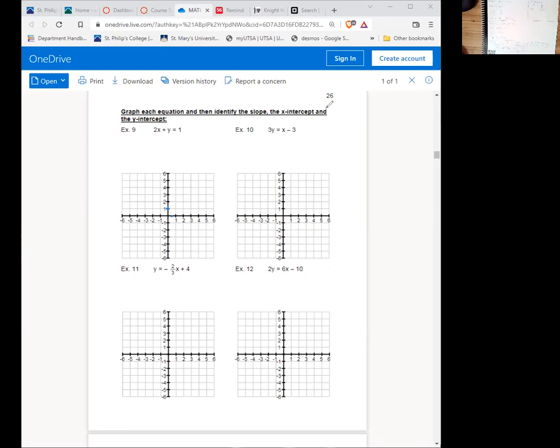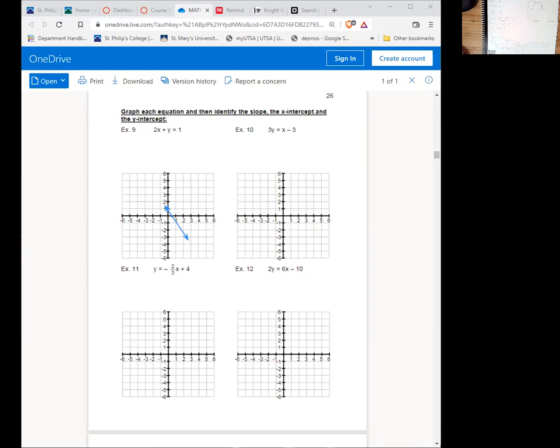Our slope was negative, so it should be going downward from left to right. So something like this. So you can plot it pretty easily with the intercepts.